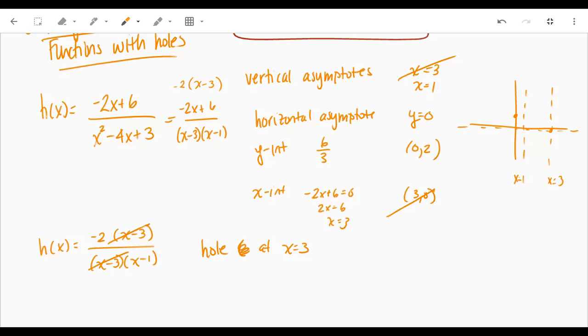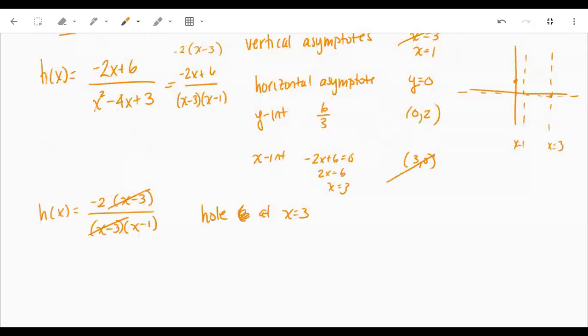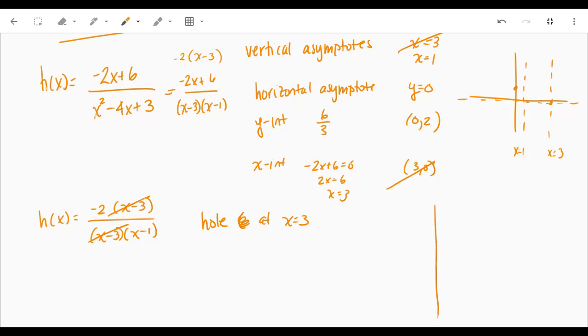So when I sketch this, and I'm going to show you in a second how you find the y coordinate, I still have my vertical asymptote at x equals 1. I still have my horizontal asymptote at y equals 0. I still have my y-intercept at 0, 2. But now I have a hole when x is 3.